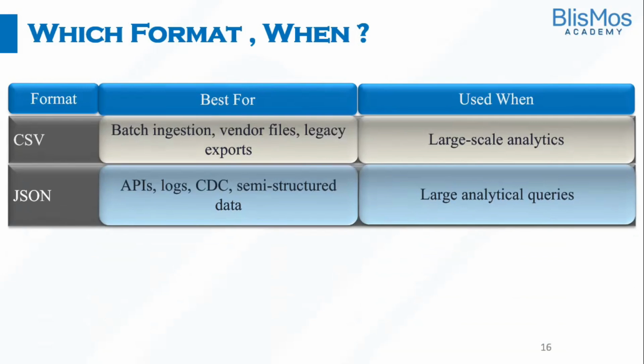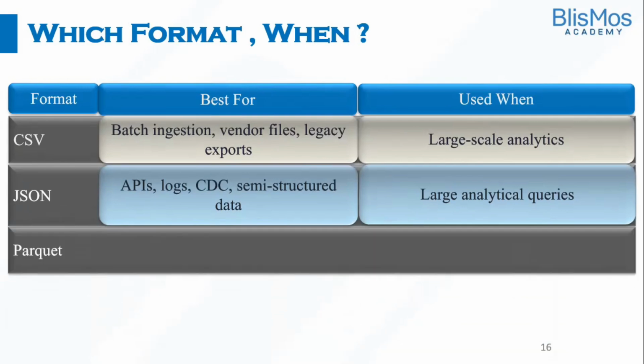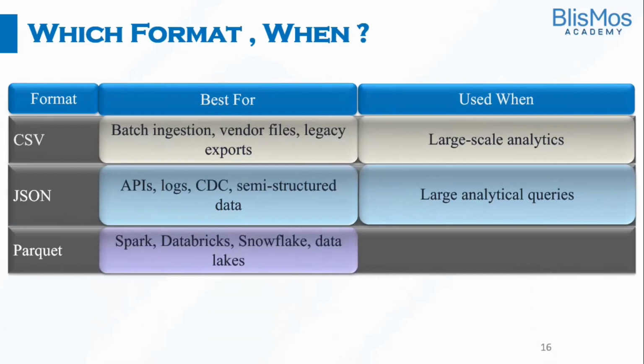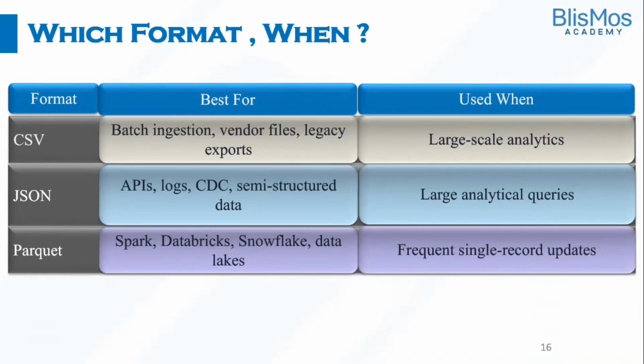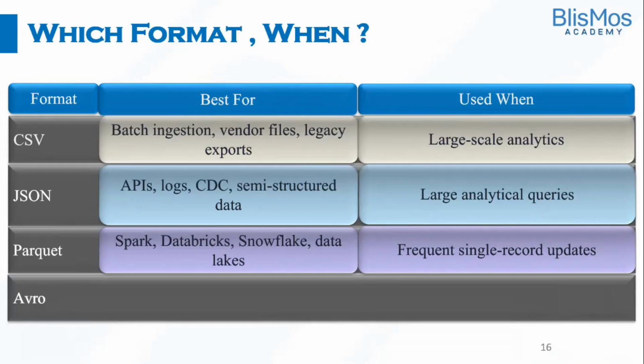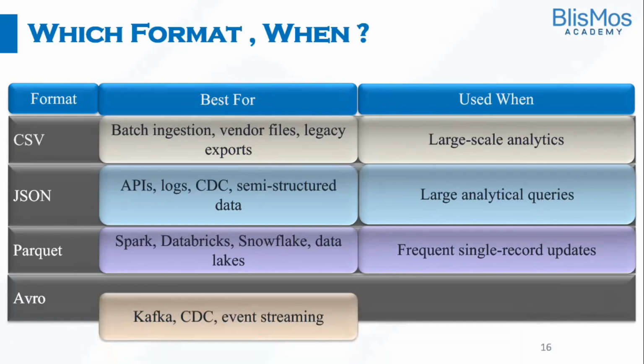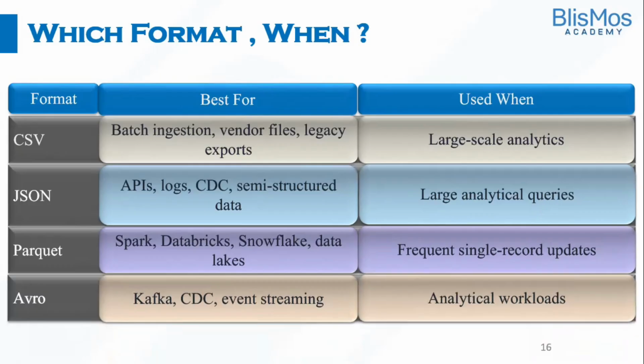For large scale analytical workloads like Spark, Databricks, Snowflake, and data lakes, Parquet would be a good choice. And if you're working with Kafka, CDC, or event driven streaming where schema evolution is important, then Avro is one of the best choices.